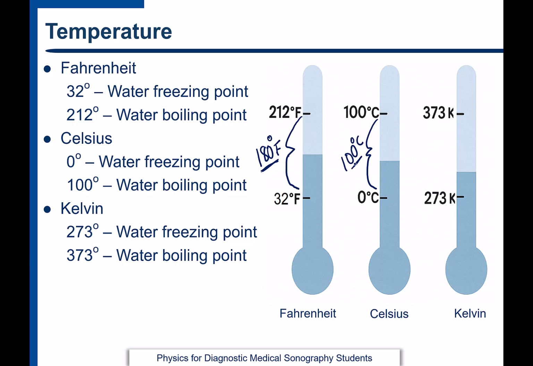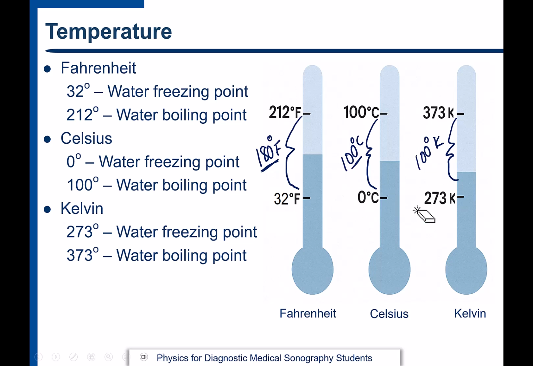If we look at the Kelvin scale, you'll notice that a Kelvin degree has the same size as a Celsius degree because the difference between freezing and boiling water is 100 degrees Kelvin. So it's the same as for Celsius. And that's why the conversion between Celsius and Kelvin is so simple. The only thing that's really different is where we set the 0.